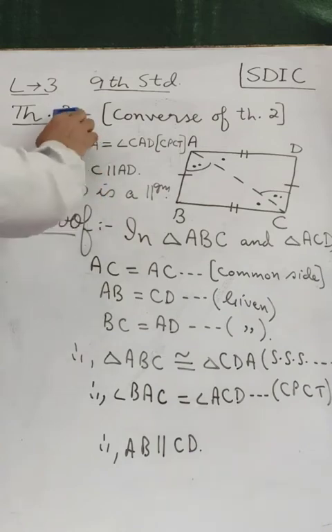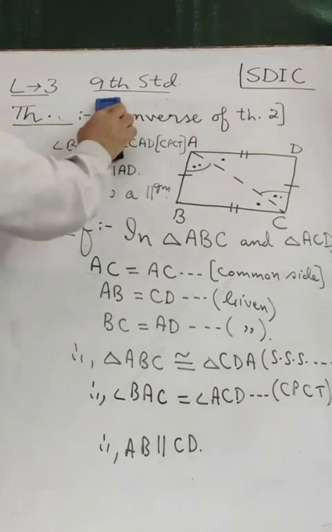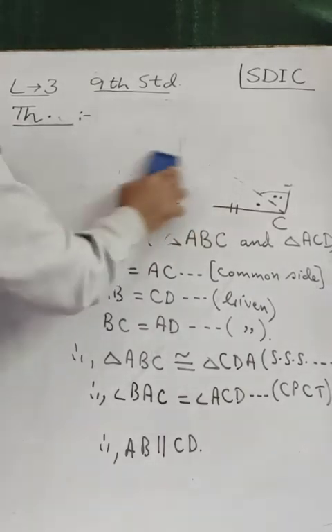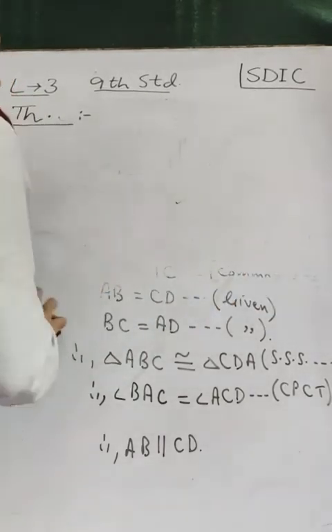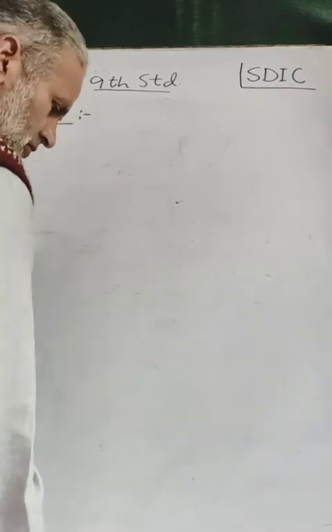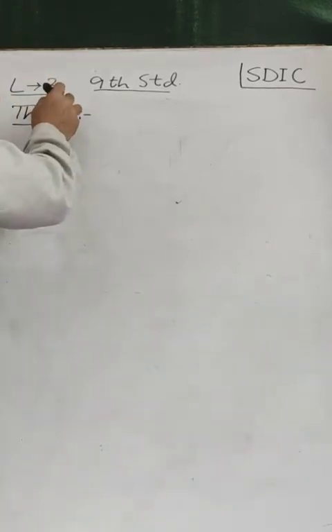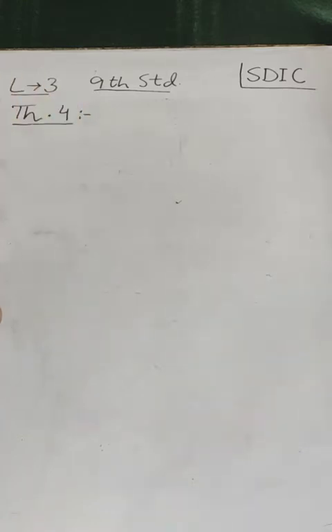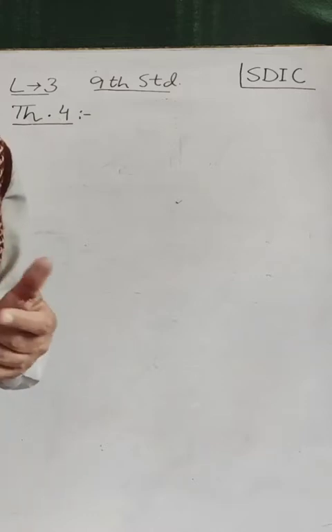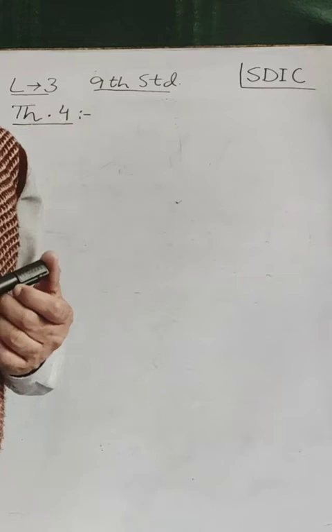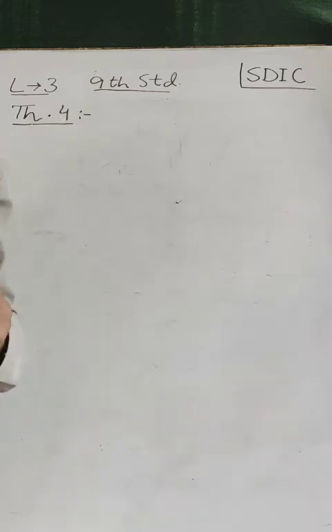Now theorem number 4. Theorem 4 and 5 are also converses of each other. So let us first prove theorem 4, then we'll move to theorem 5.